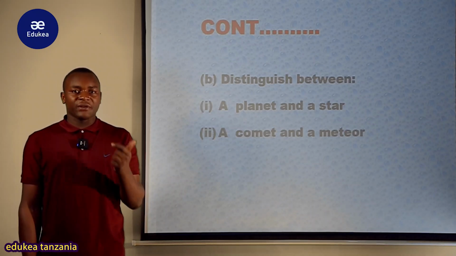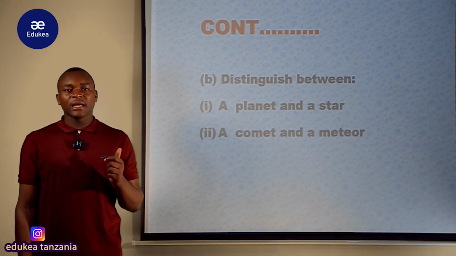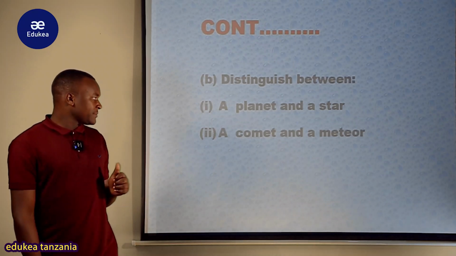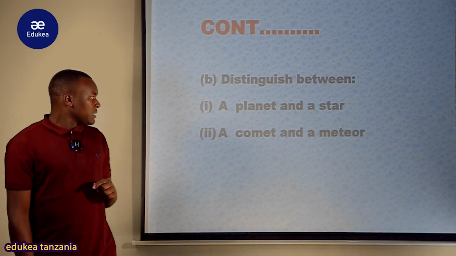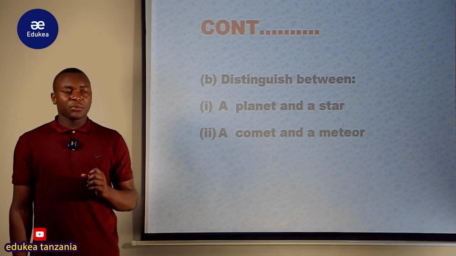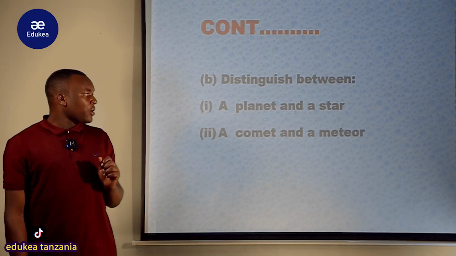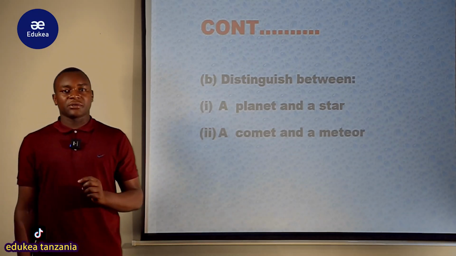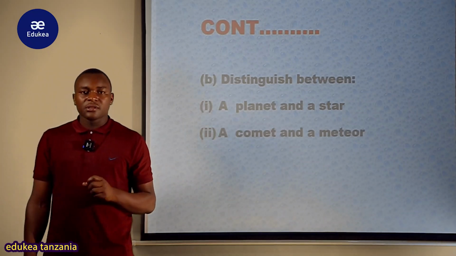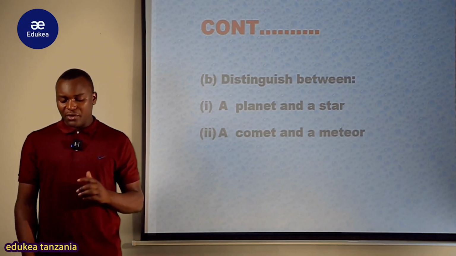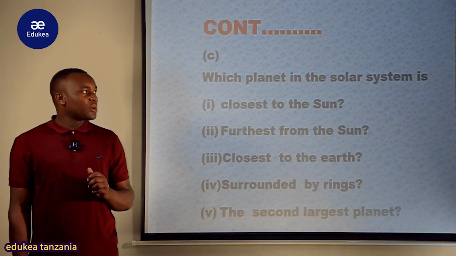So you have to provide the difference between a planet and a star. Roman number 2: distinguish between a comet and a meteor.